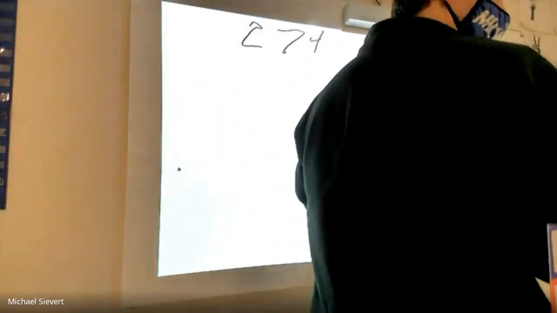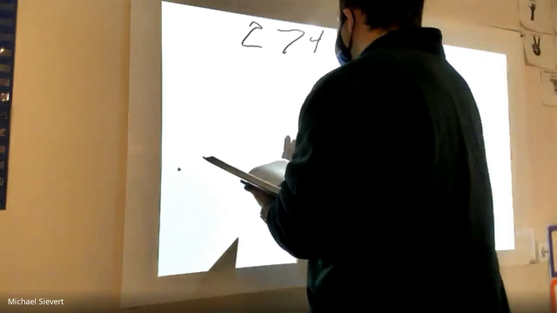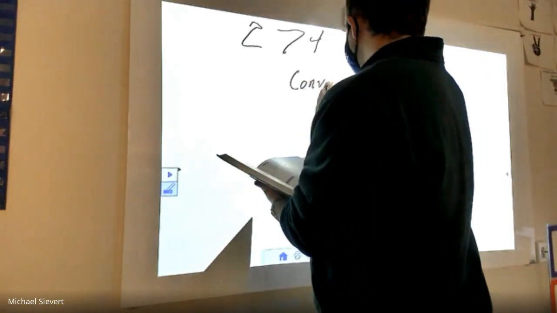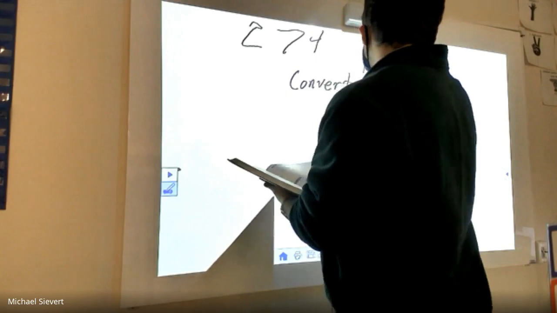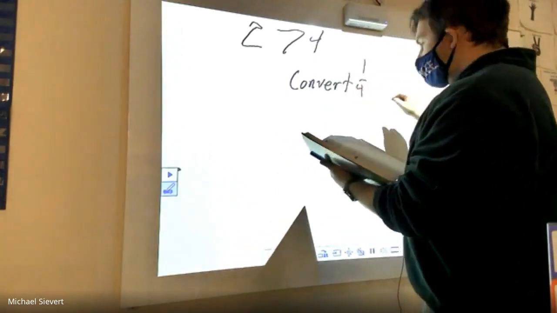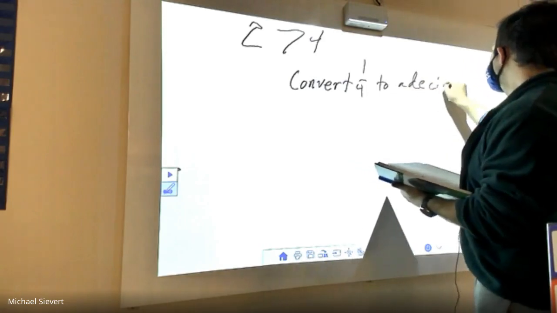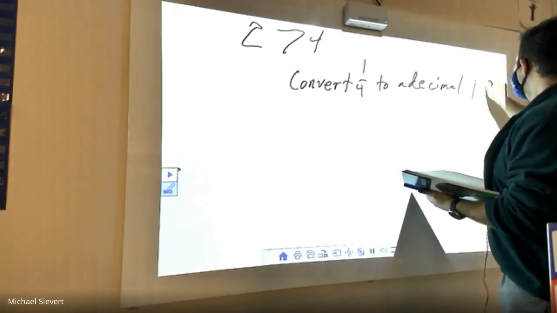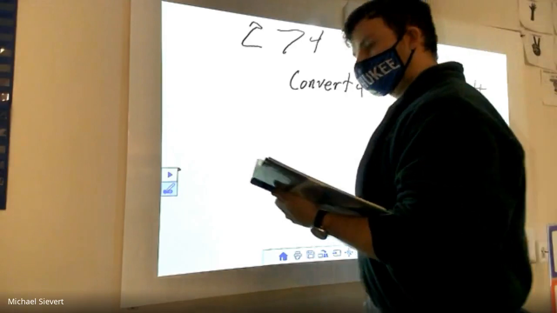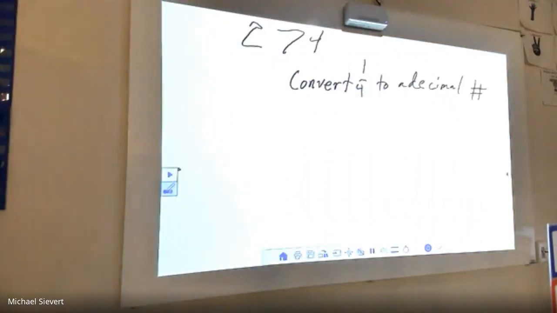First question, example 1. Convert 1/4 to a decimal number. How in the world would you get 1/4 to become a decimal?